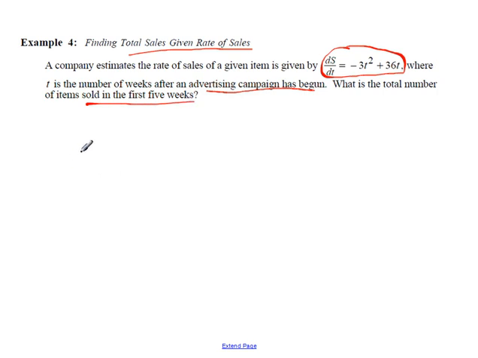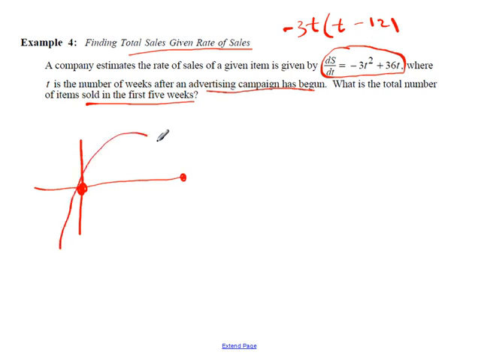Well, it might be helpful just for us to get a quick picture of what this graph looks like. It's got a 0 at 0. And if we factor this out, another 0 at 12. It's concave down.